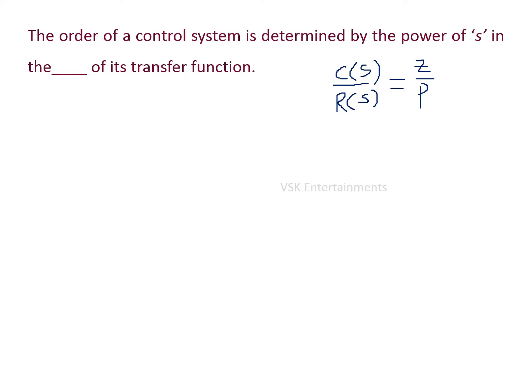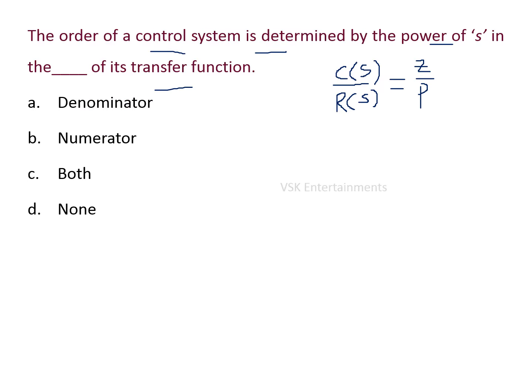Coming to next one, the order of the control system is determined by the power of s in the dash of its transfer function. Options are denominator, numerator, both denominator and numerator, none of the above. Here this is the transfer function C of s by R of s. C of s represents the numerator.